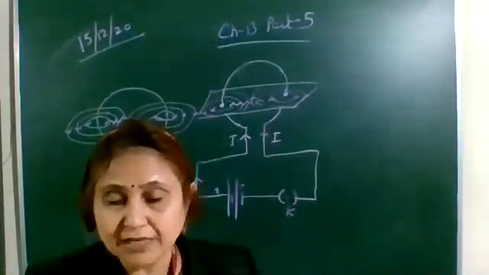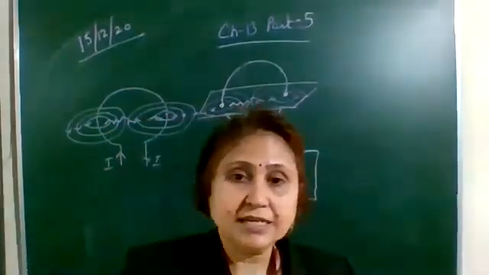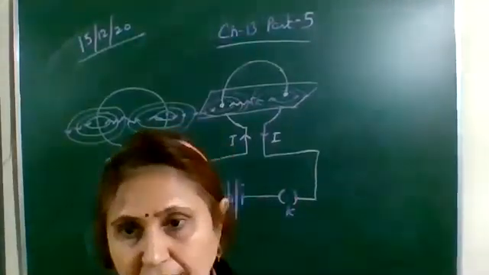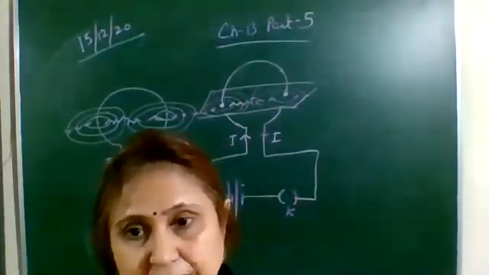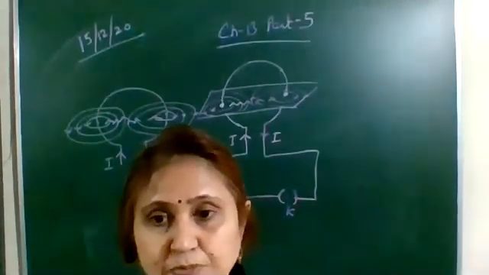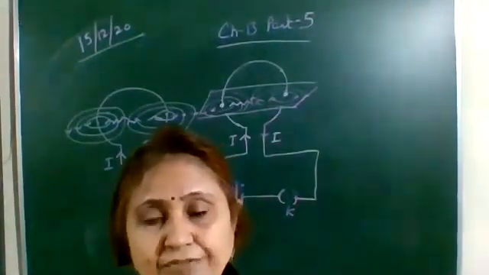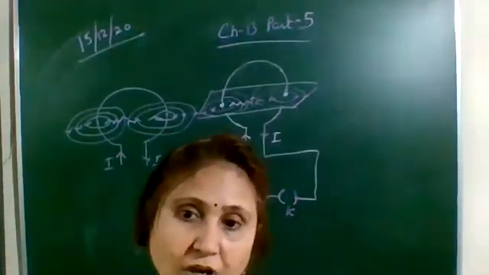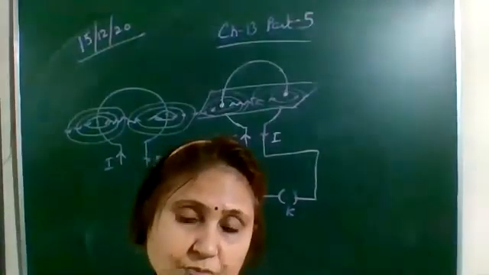What we have done today is the magnetic field lines due to a circular current carrying loop. At the center we see that the arcs appear to be straight. So the magnetic field line at the center will be perpendicular to the plane of the board, or perpendicular to the plane of the loop.